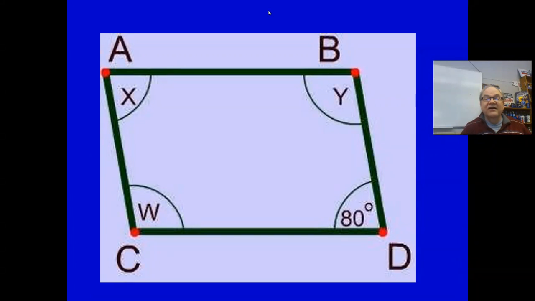If I wanted to find what's up in this particular parallelogram, I know x has to be 80 because, again, the opposite angles have to be congruent. And you could also figure out that the other angles are going to end up being 100 degrees in order to make the 360 that we have to have all together. So x is 80, w and y both end up being 100.